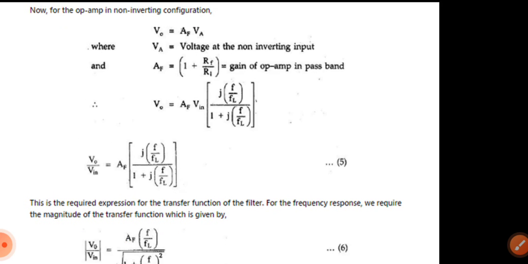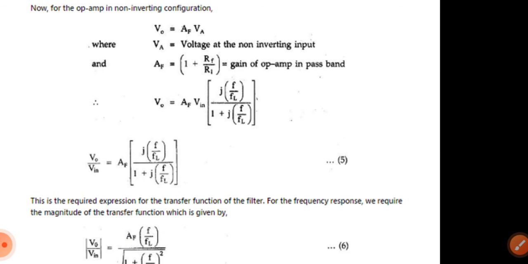Next is V naught equals to AF into VA. VA is the voltage at the non-inverting input. AF equals to 1 plus RF divided by R1 is the gain of the non-inverting terminal of the closed loop configuration. V naught equals to AF into V in into J into F by FL, divided by 1 plus J into F by FL.